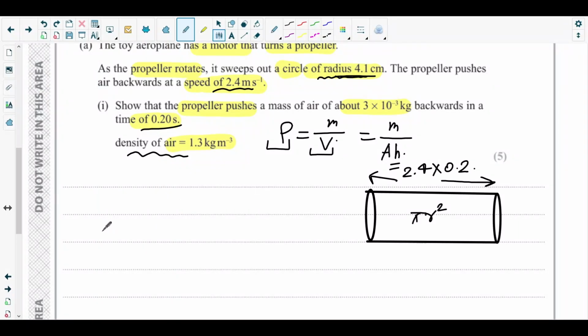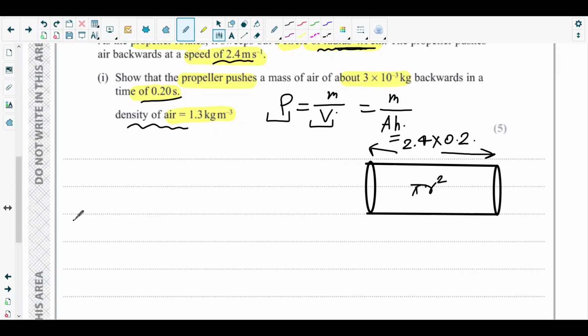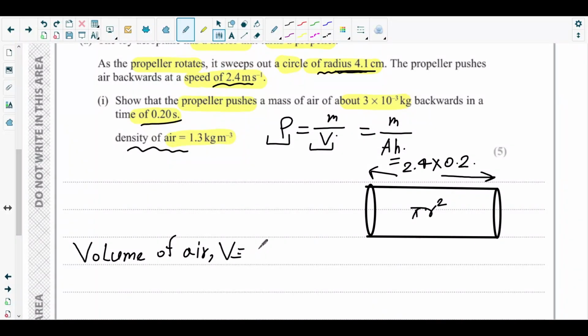So we can figure out the volume of air, V, equals pi times the radius, 4.1 over 100, whole squared, that is pi r squared, the area of cross section A, times the length 0.2 times 2.4, that much meter cube.